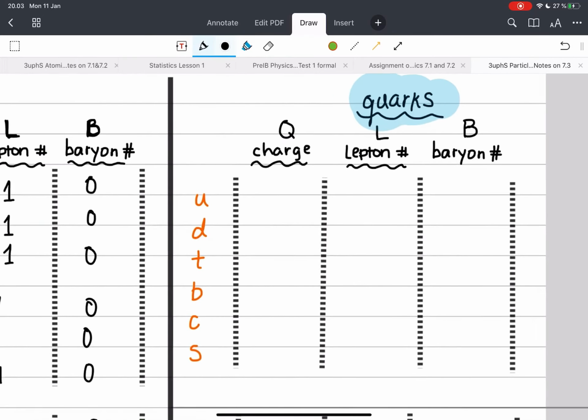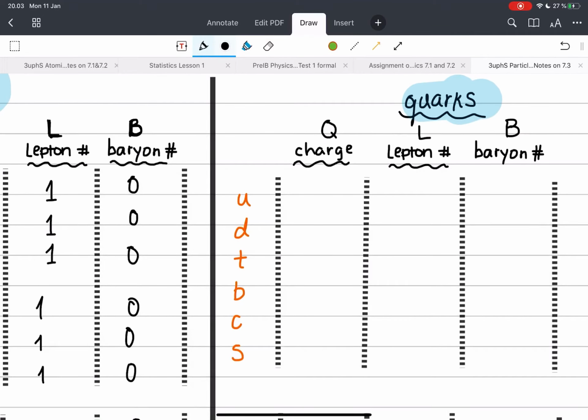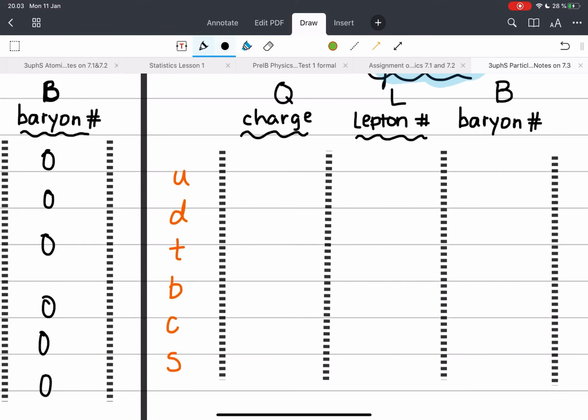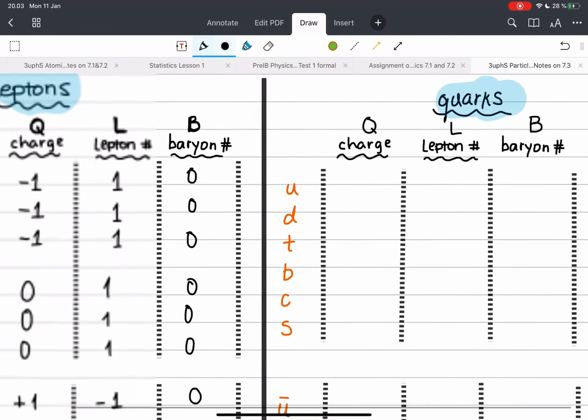Quarks, we'll start with the first six that I wrote. U, D, T, B, C, and S. Those are the quarks. And those letters stand for up and down, top and bottom, charm and strange. And those have charges that are a little bit different than what we're used to.